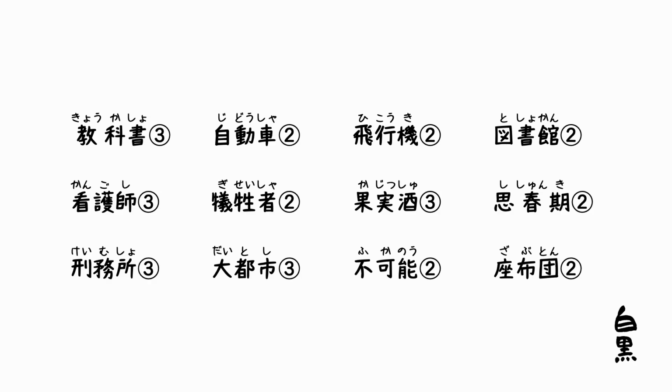Some common ones are 教科書、自動車、飛行機、図書館、看護師、犠牲者、果実酒、思春期、刑務所、大都市、不可能、座布団. If it's 4 mora 2 kanji pattern C nouns, there are a ton of examples out there, which generally have a 2 mora per kanji form.